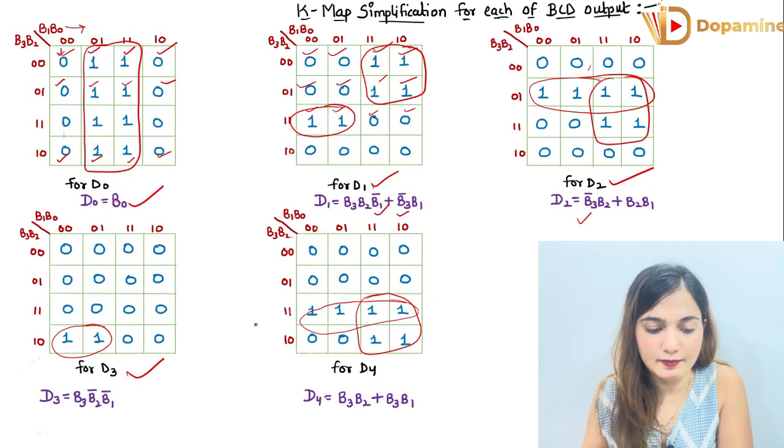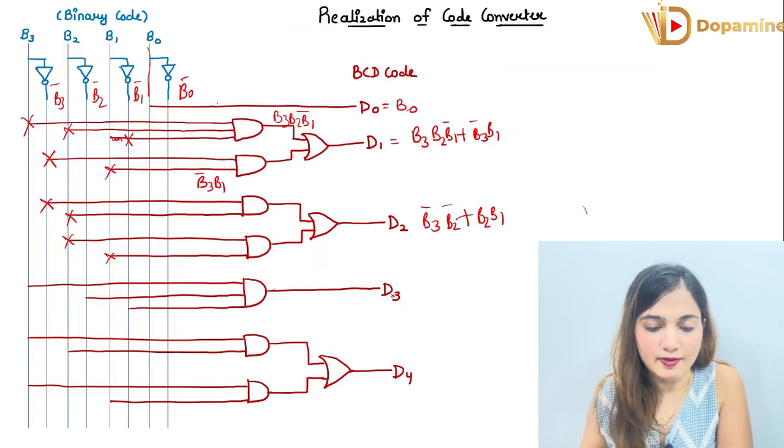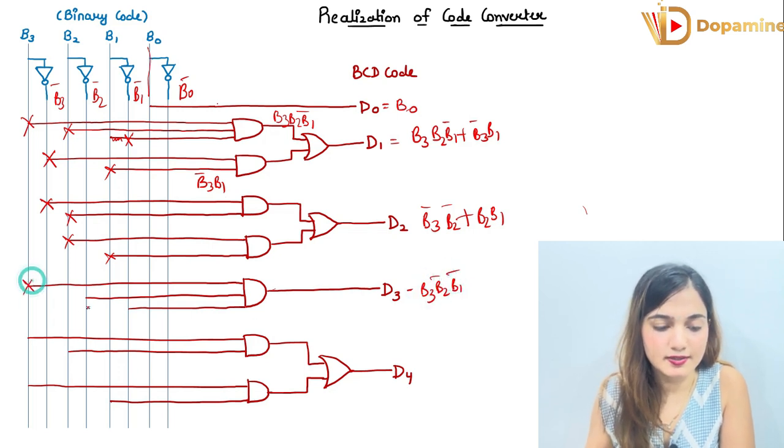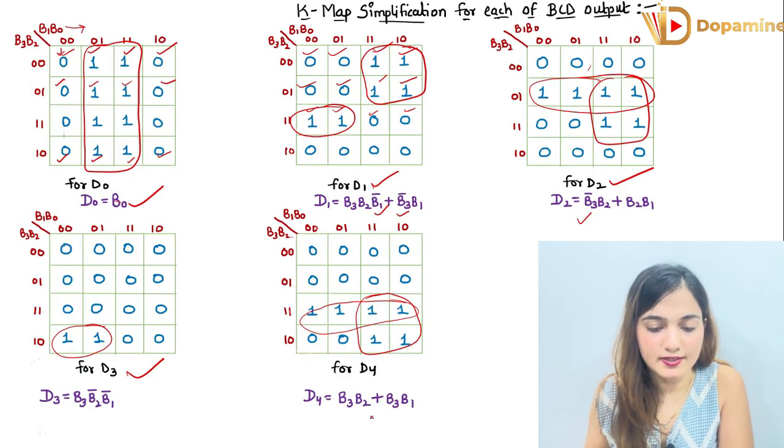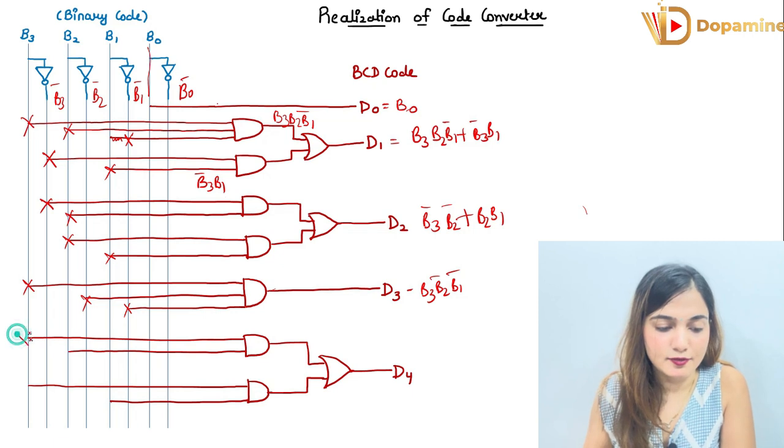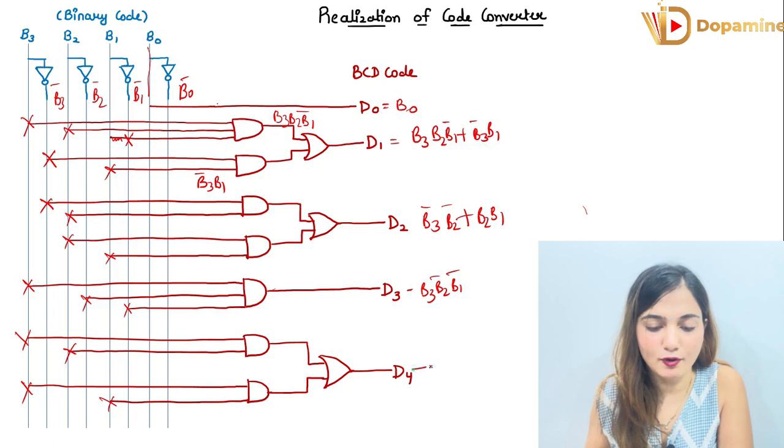So D3 here represents B3, B2 bar, B1 bar. Right, you can check B3, B2 bar, B1 bar, and D4 as B3, B2 plus B3, B1. So B3, B2 are going to the AND gate, B3, B1 are going to the AND gate and then the OR gate.